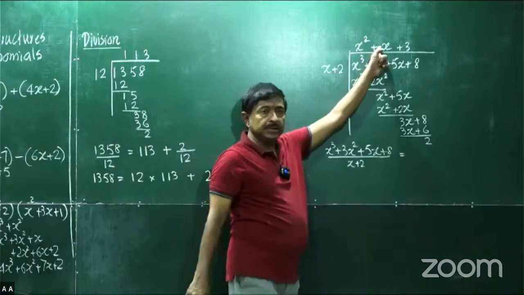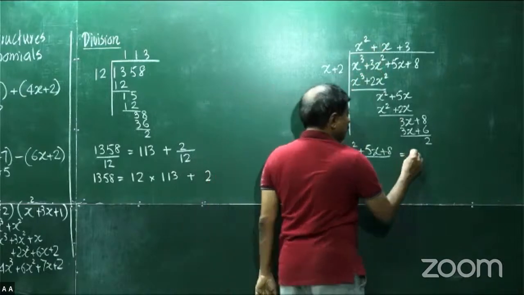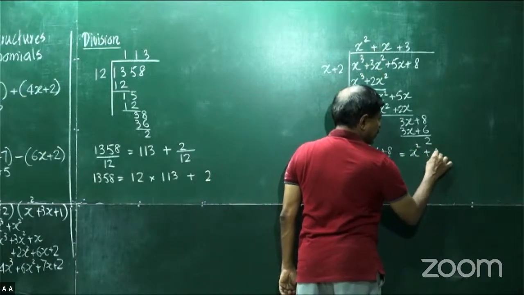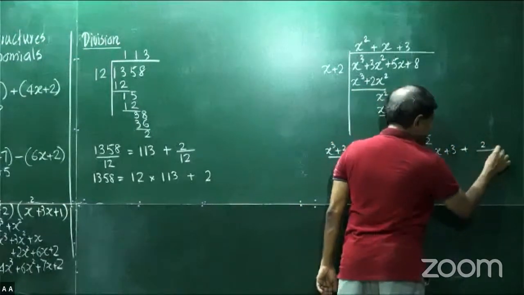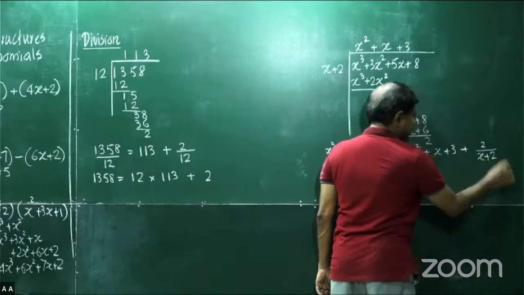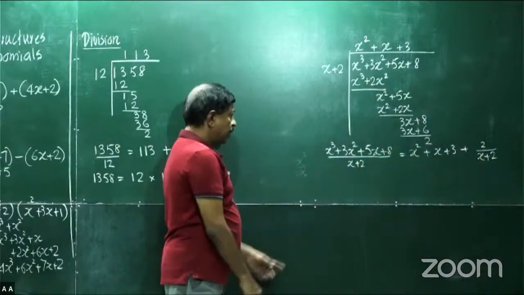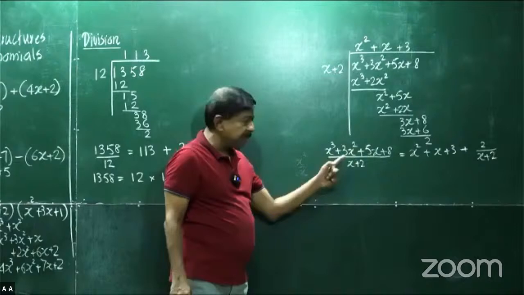Is equal to this guy plus 2 is the remainder. This is the divisor. Now you multiply everything by x plus 2.